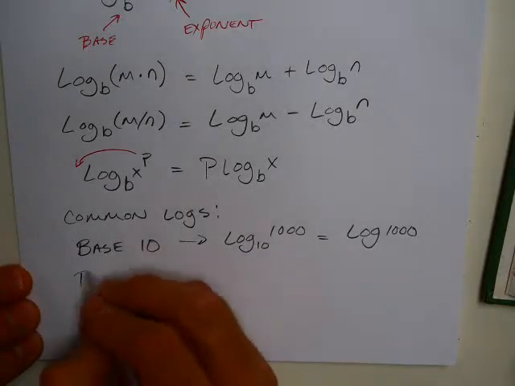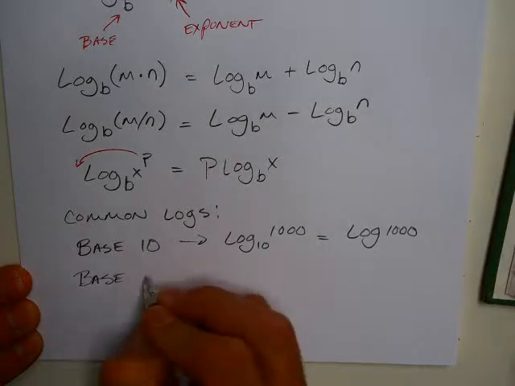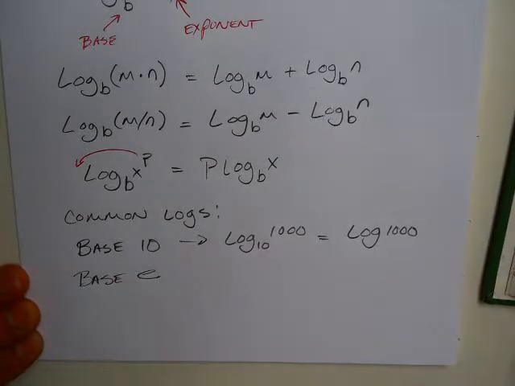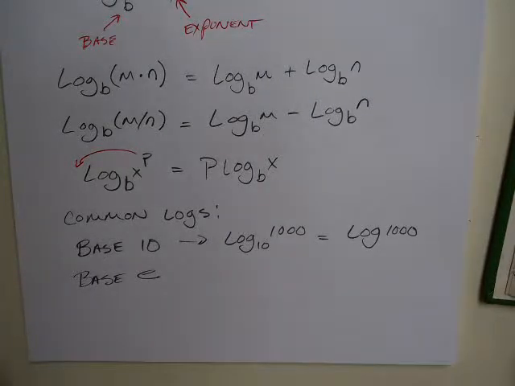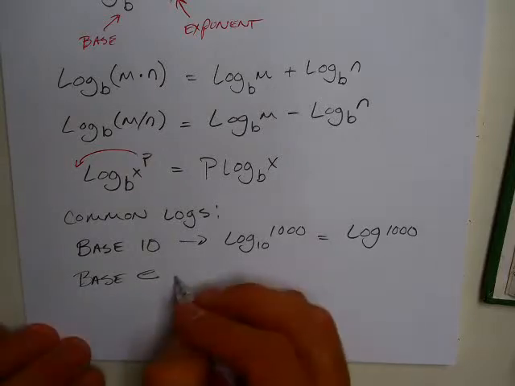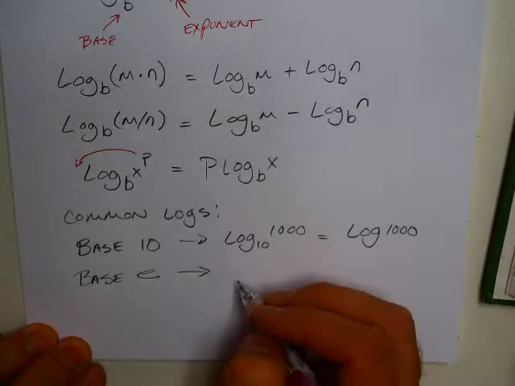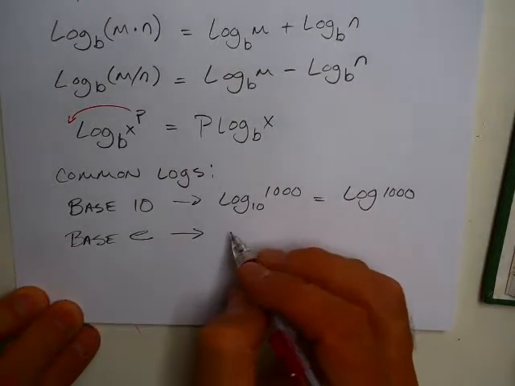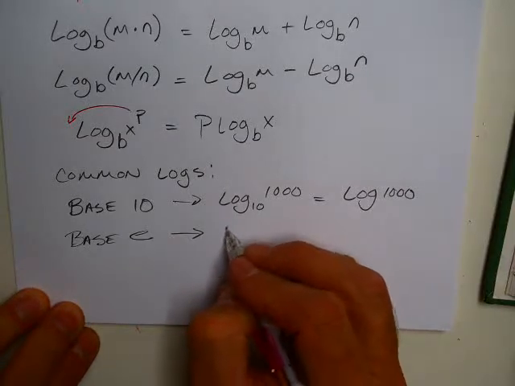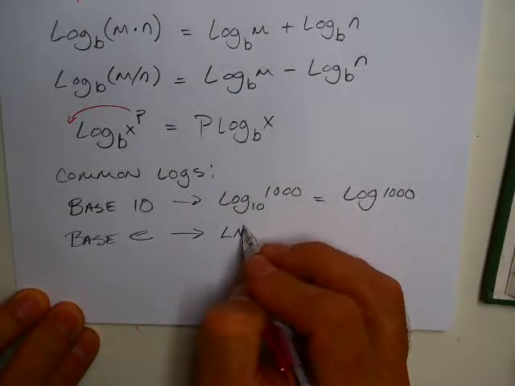And base e. e is the Neperian constant. I'll get a value here for you in just a second. It's kind of like pi. This is ln, which stands for natural log.